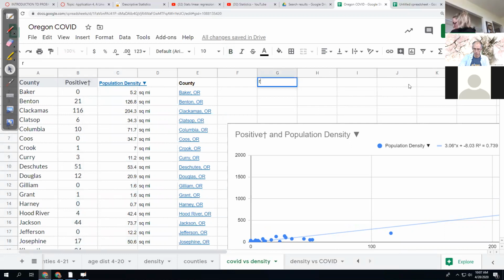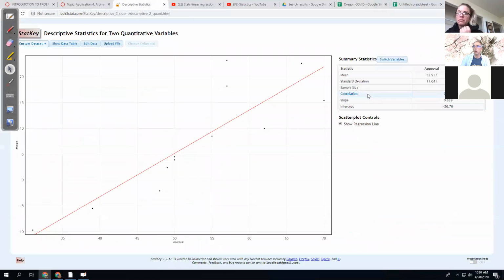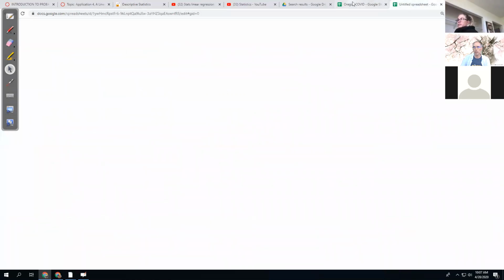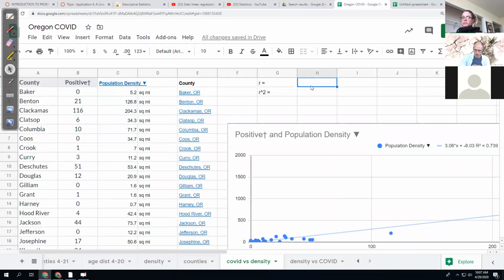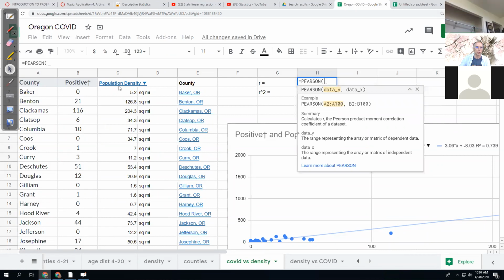I'm going to calculate what we call R and R squared to show that they match what the graph shows me. And again, StatKey gives you R right here, correlation 0.86. So that is what I'm calling R here. On a spreadsheet, it's a formula called Pearson.